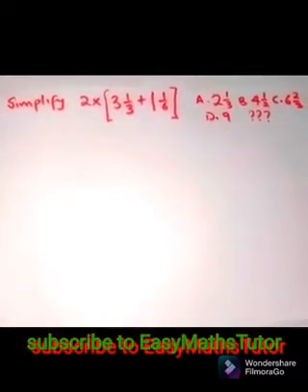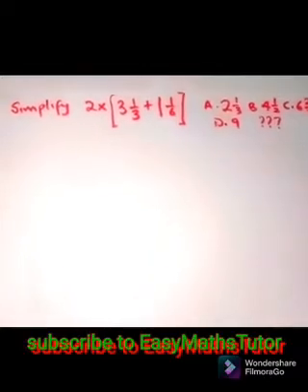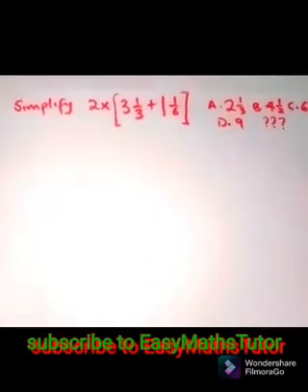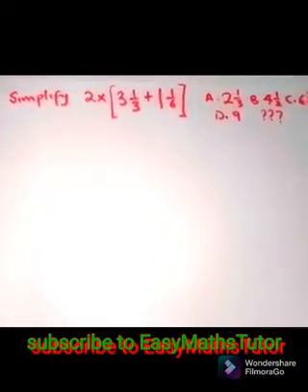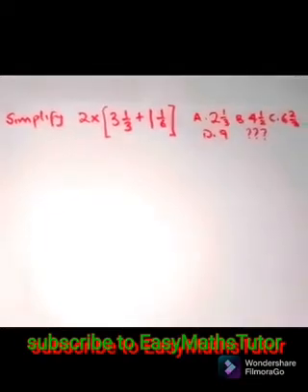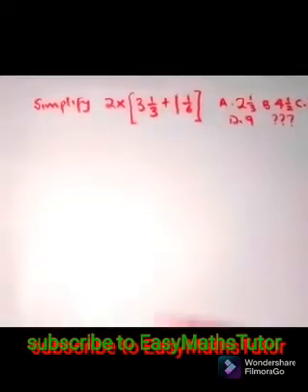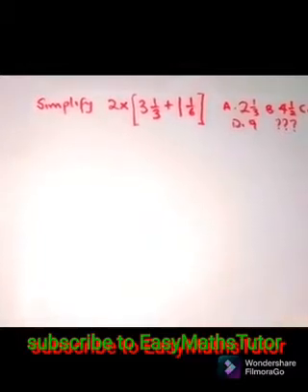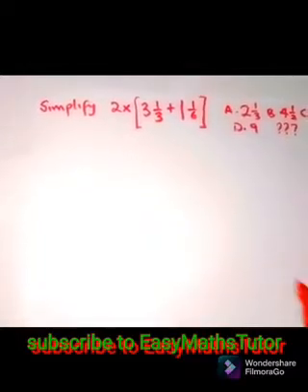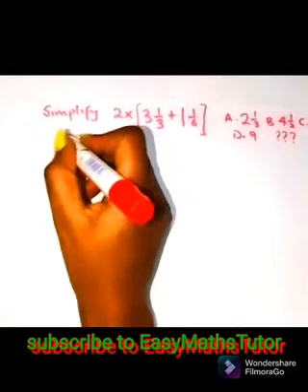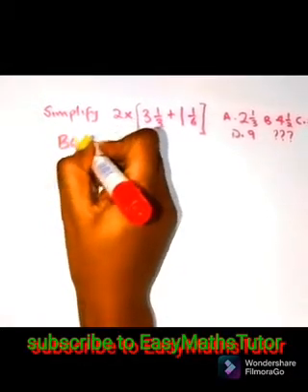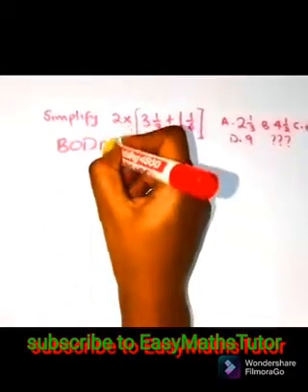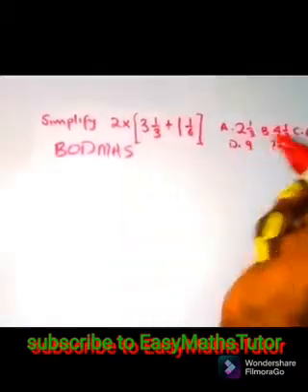So this, I'm just seeing this question, is actually an objective test maths question. So let's dig right into it. Remember that whenever you're solving a mathematical operation, you have to take into consideration the rule called BODMAS.